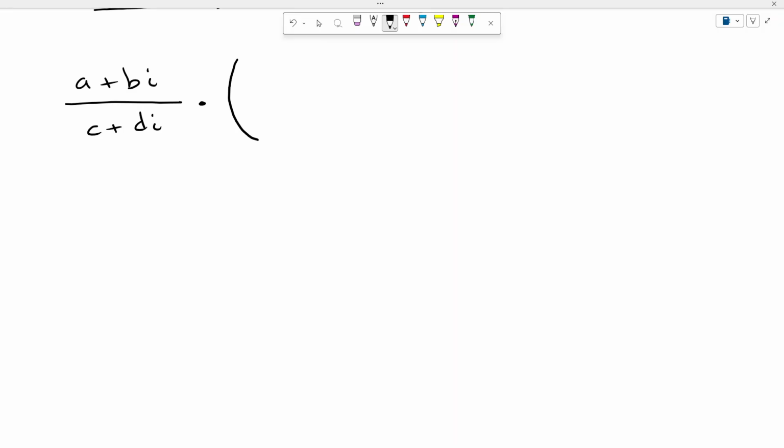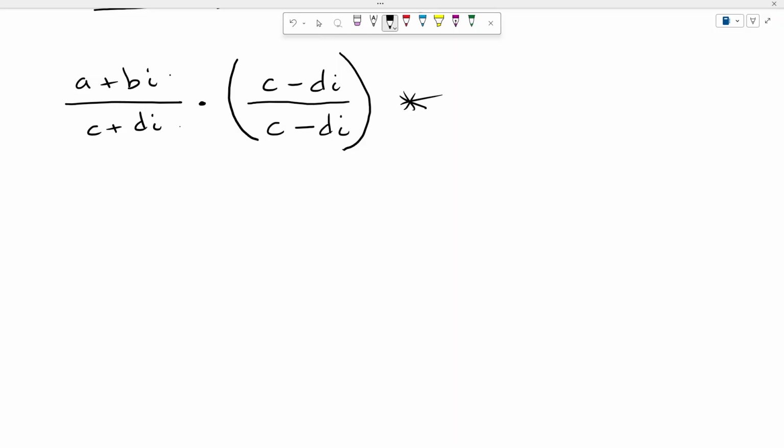So the complex conjugate of c plus di would be c, switch the sign, minus di. That's our complex conjugate. And then we take that times both the top and the bottom. So this is just our general formula for dividing complex numbers.